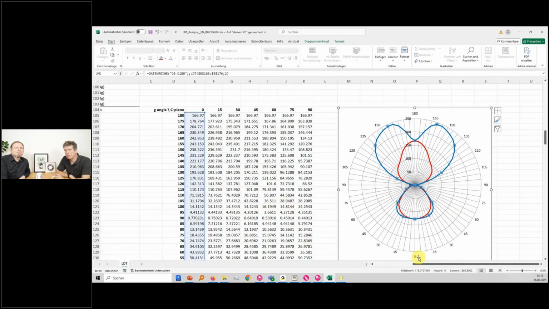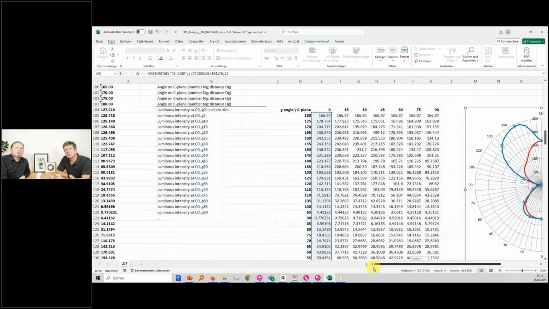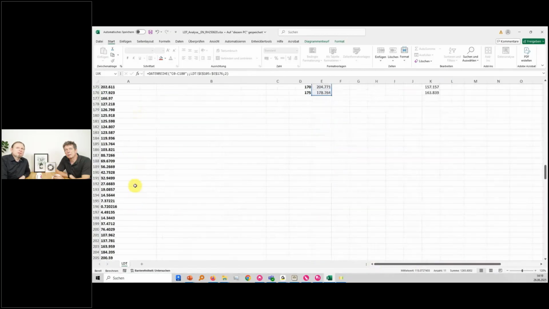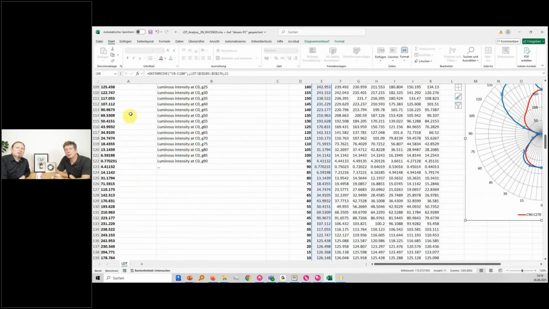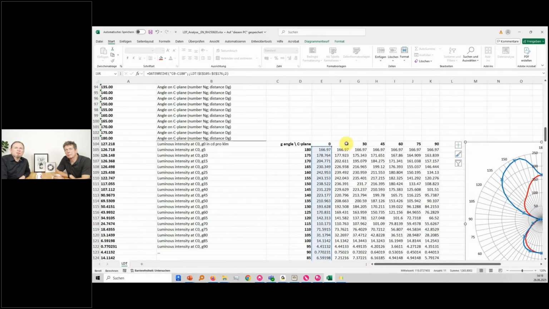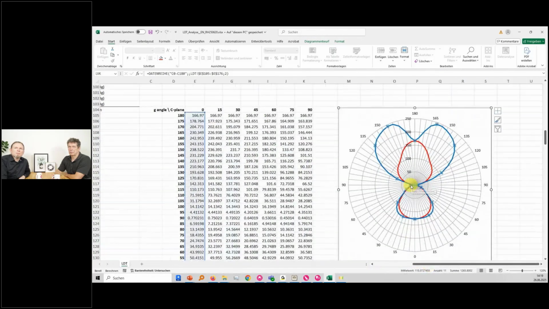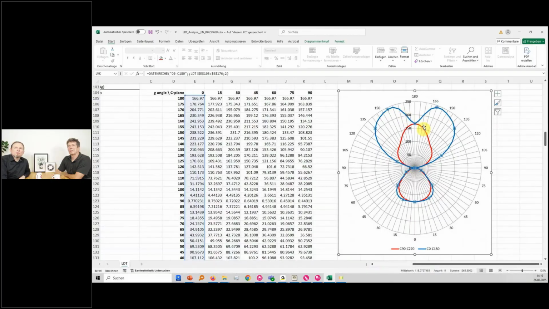What I am doing here is just a list of the intensities, and I copy the intensities from the Oilum file in this table style so that we can have the values more identical in a table, and I just put this into the native Excel feature to draw diagrams.